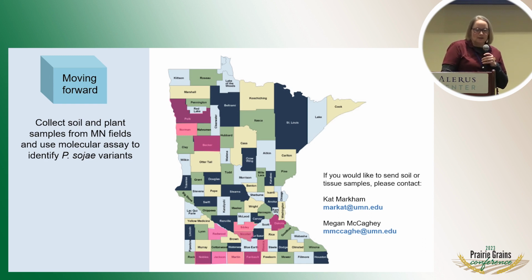They're currently using this molecular test to figure out which AVR genes are there, and they're going to share that information with the producer. And so this is a really unique opportunity if you have Phytophthora root and stem rot show up in 2024 to get your own Phytophthora isolates tested to see which varieties would work best for combating Phytophthora sojae in your field.